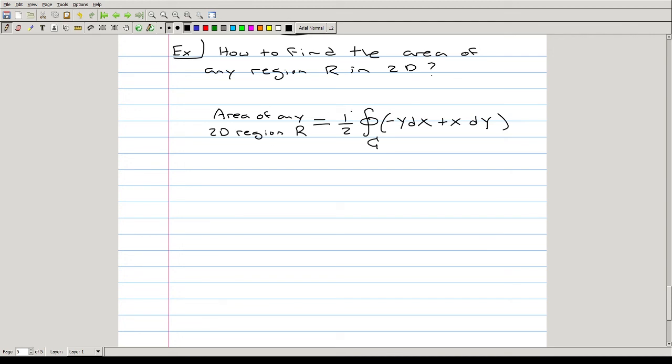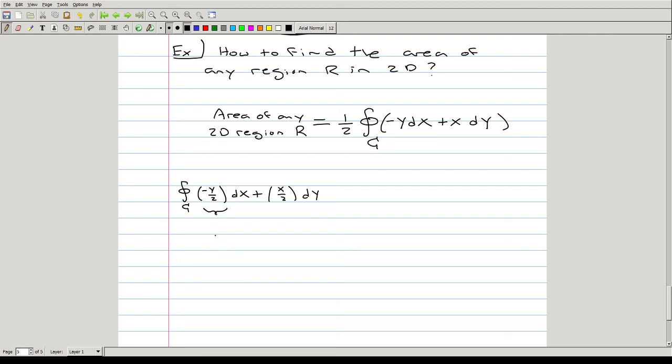And we can directly apply Green's theorem here, because what Green's theorem is going to say is, well, we're looking at the closed line integral of negative y over 2 dx plus x over 2 dy.